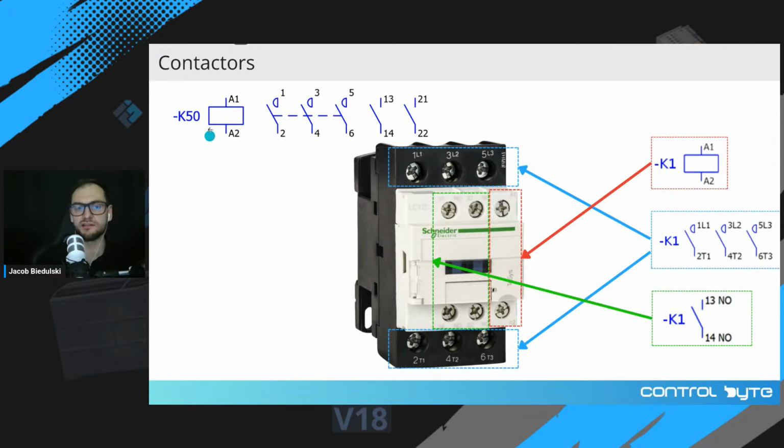We can power the coil with 24 volts, for example, from our PLC directly, or we can use a contactor, for example, with 230 volts AC. There are also such contactors. So after powering the coil, the power contacts and auxiliary contacts are switched, okay?